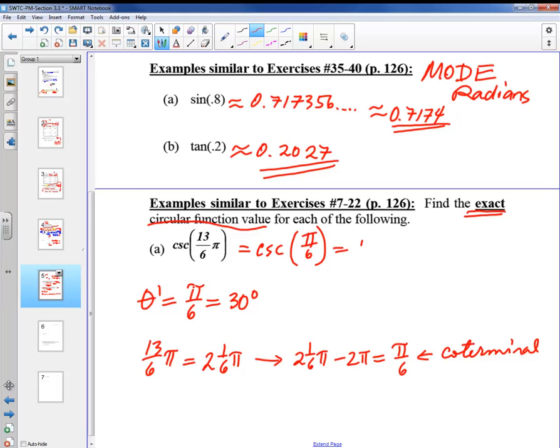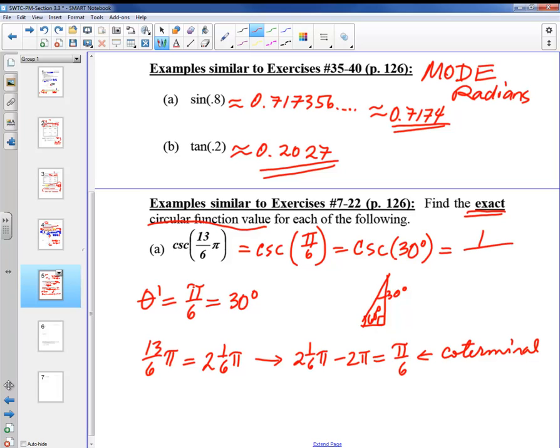So if you need to make a connection to degrees now, you're looking for cosecant of 30 degrees. And this is where you look at your triangle, and you have 30 degrees here, you have 60 degrees for this one, and I don't remember the side, so I usually try to go with memorizing the sine.